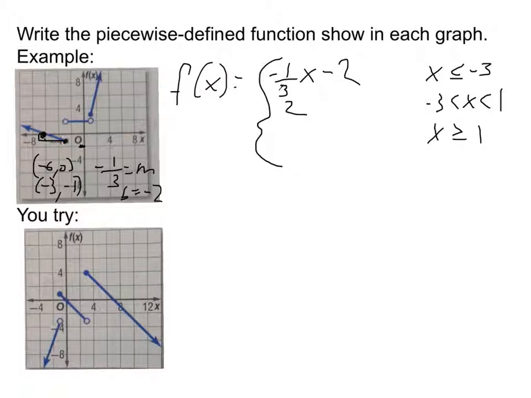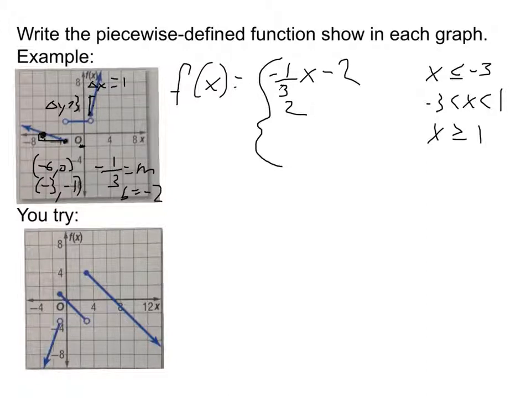Okay, and for our third, this part, I'm going to make another slope triangle. I know it hits that point, and then it goes up 1, 2, 3. So that's a delta y equals 3, and my delta x equals 1.